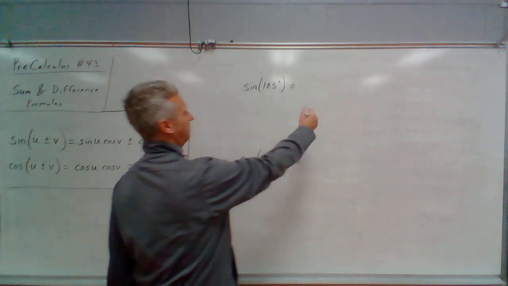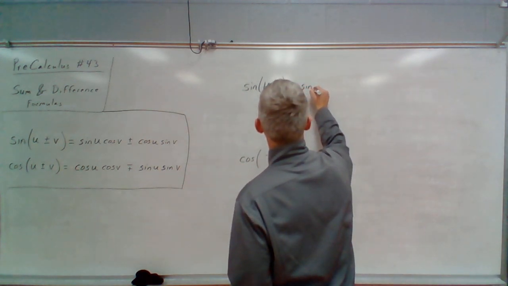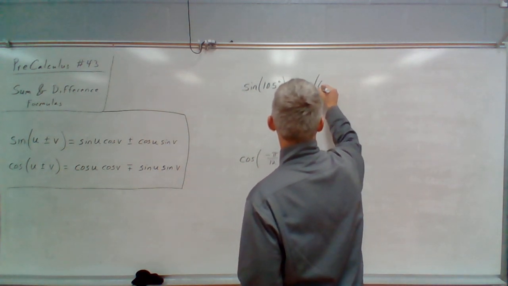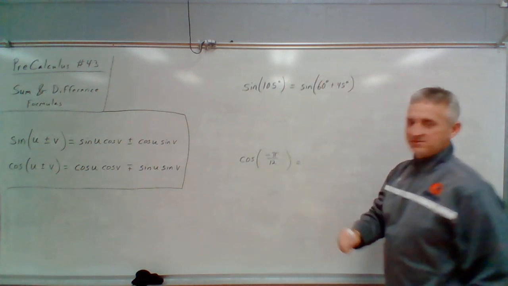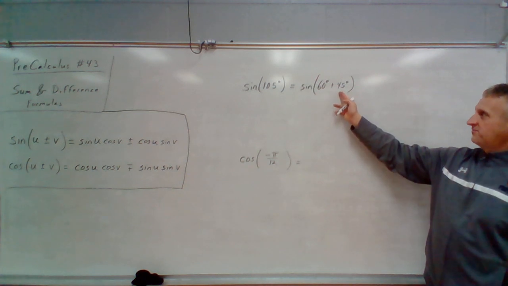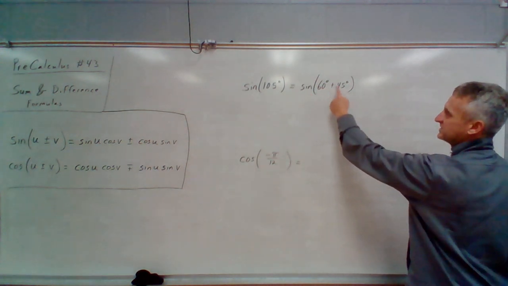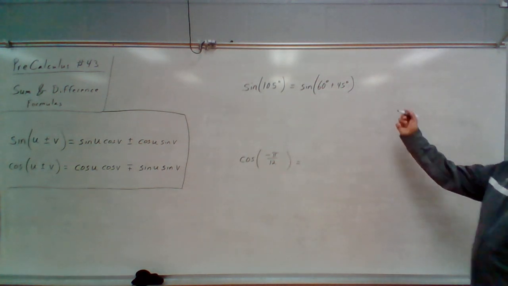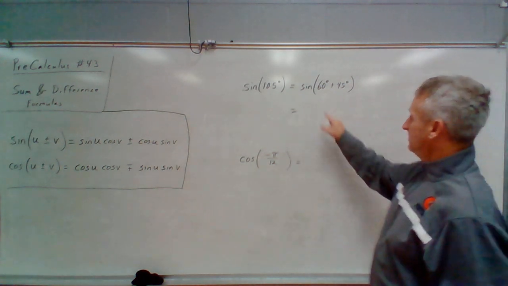So, for example, I can rewrite the sine of 105 degrees as the sine of 60 degrees plus 45 degrees. So 60 plus 45 is 105. Yeah. And I know how to find the sine and cosine of 60 degrees and 45 degrees. So all I have to do then is fill in the blanks.